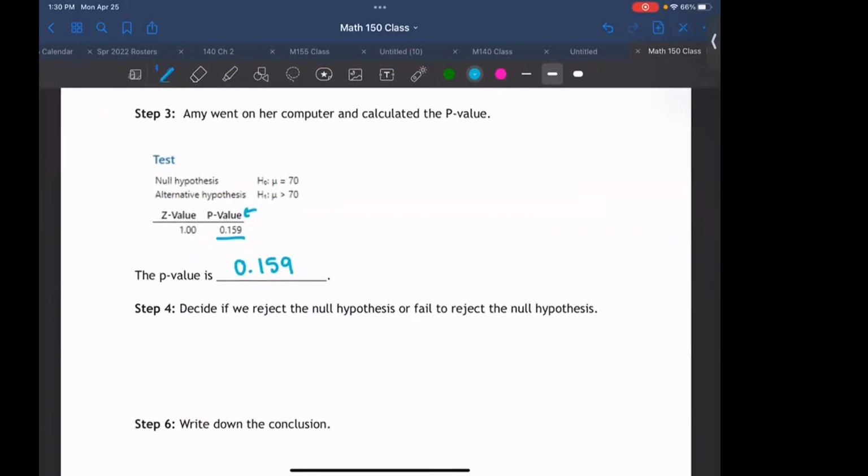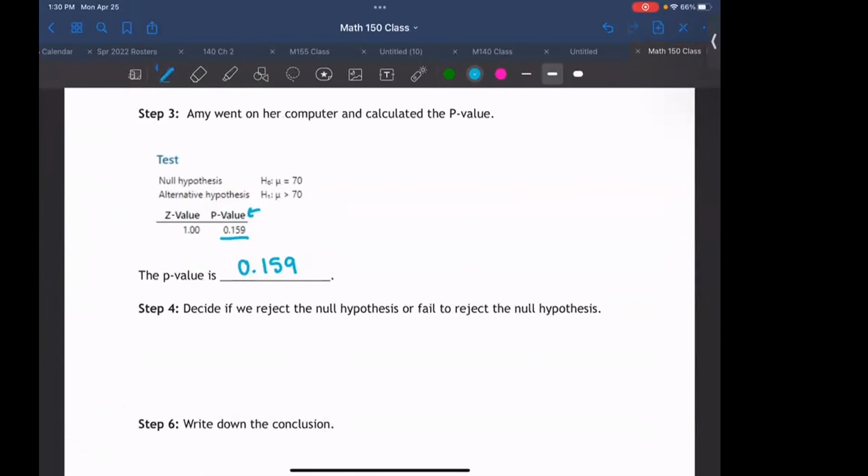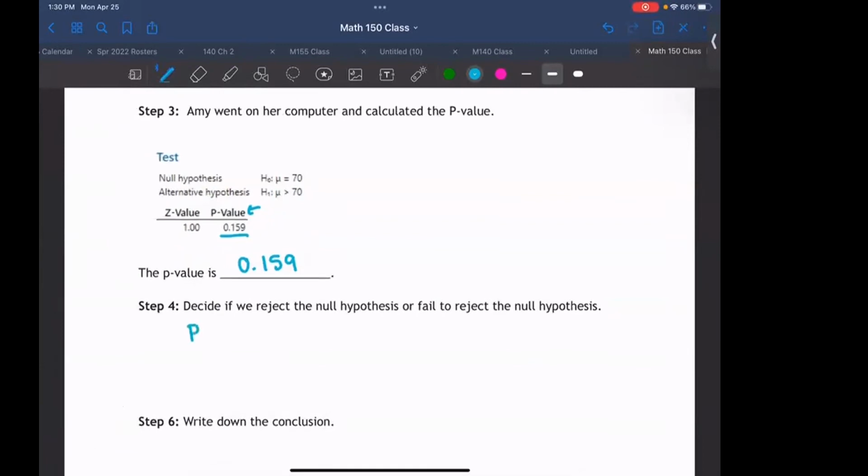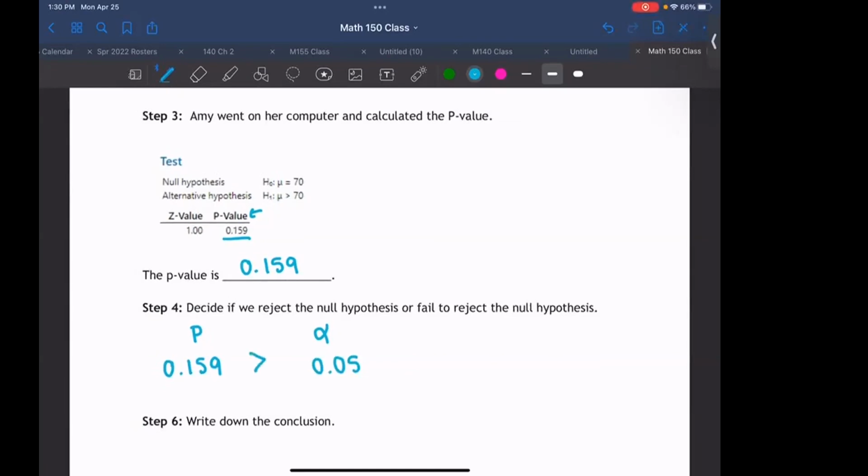Okay. Step number 4, we're going to decide if we reject or fail to reject the null hypothesis. And we do that by comparing our p-value to alpha. Okay. P is 0.159. Anyone remember what alpha was? Good, 0.05. Which one's bigger? P. Oh, it's actually P, right?